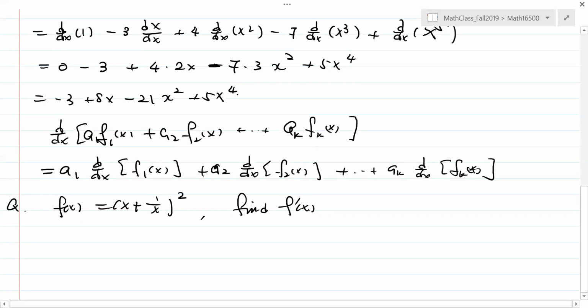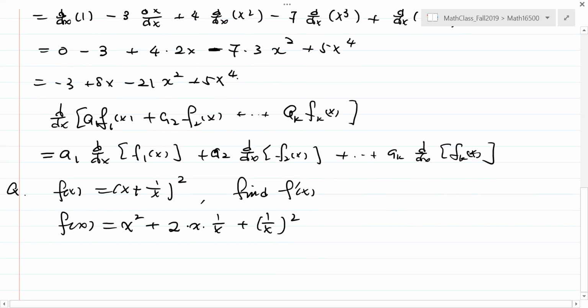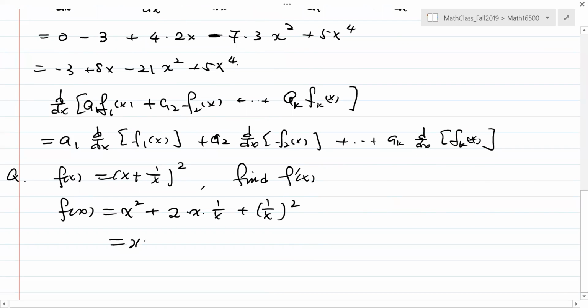But now (x plus 1/x) squared does not look like a sum of power functions. But you can modify it. So step 1, you have to modify. It's going to be x squared plus twice x times 1/x plus 1/x squared. So you simplify: x squared plus 2 plus 1/x squared.